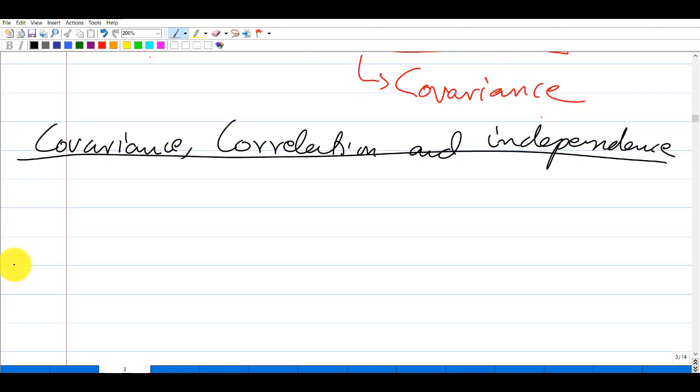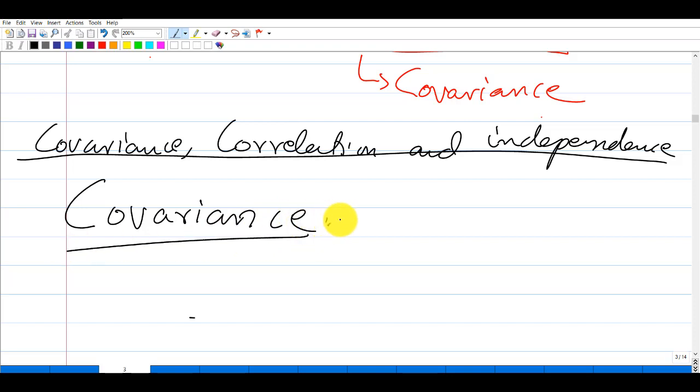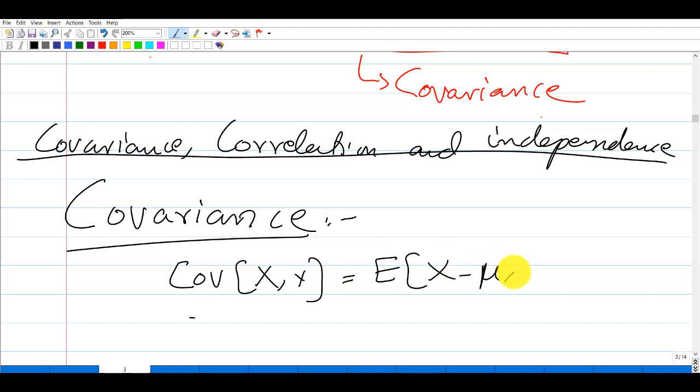First we define the covariance. We write it as COV(X,Y), which is equal to the expected value of (X minus mu X) into (Y minus mu Y).